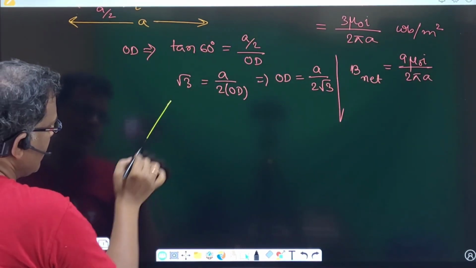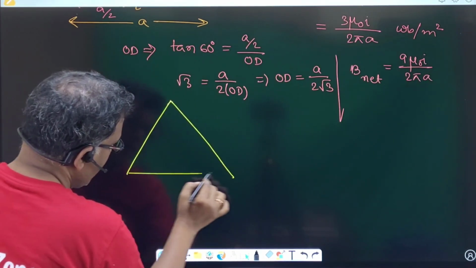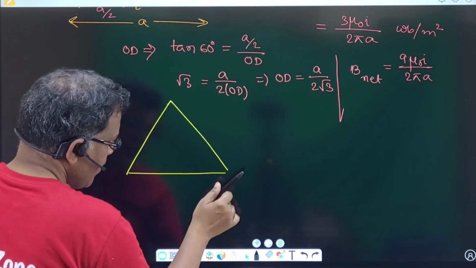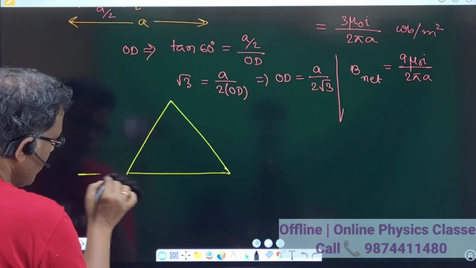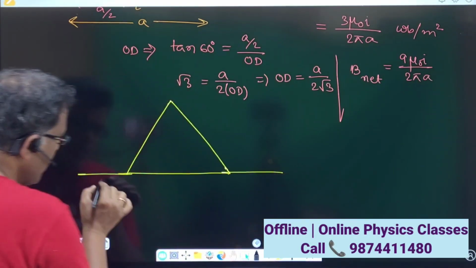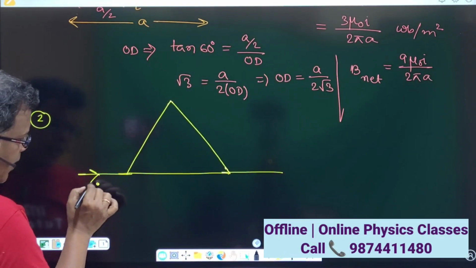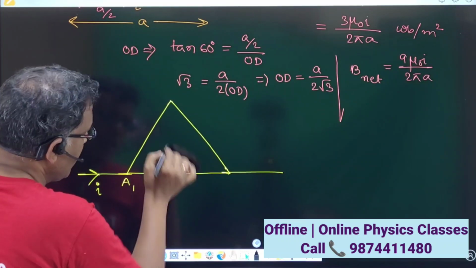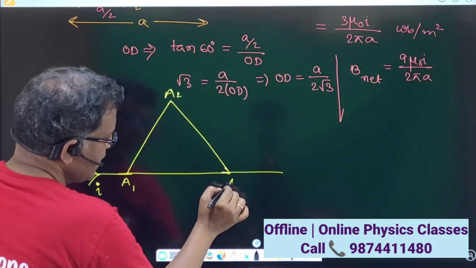Now, in this equilateral triangle only, this time let the current I come this way through A1, this is A2, this is A3, right?